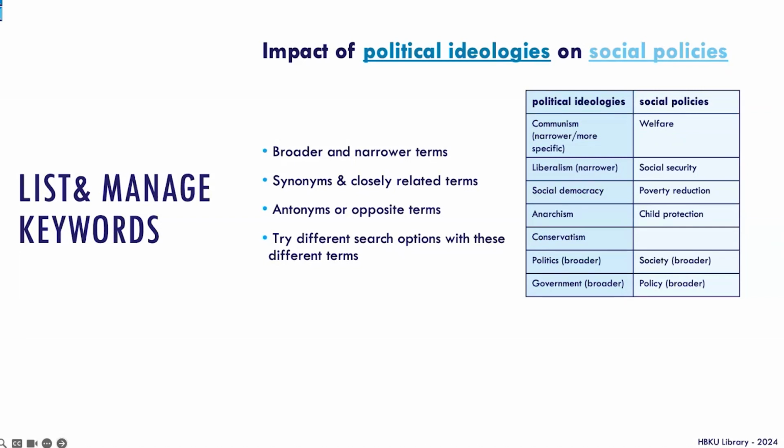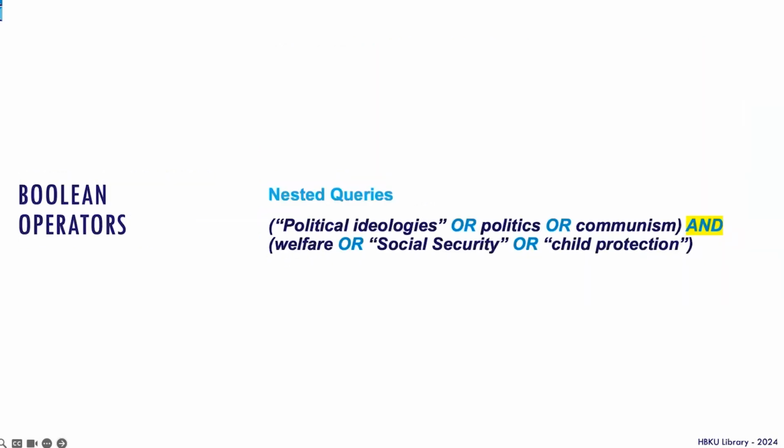So if I want to search for political ideologies and social policies, instead of doing 7 combinations, communism and social policy, anarchism and social policy, I can combine all of the synonyms of the same topic in one parenthesis, all connected with or. All of the keywords for one concept can be combined in one parenthesis, and the keywords for the other topic in another parenthesis, and then I can combine them both with and.